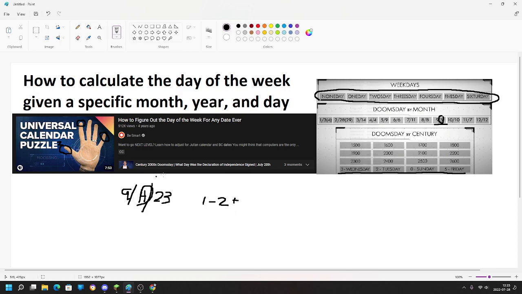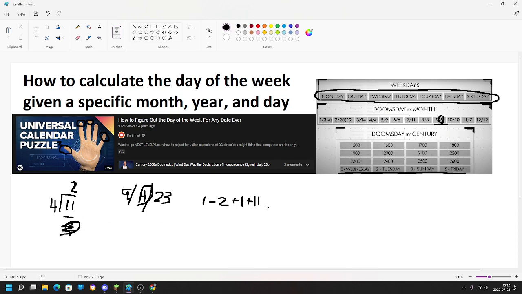plus, let's see, so we go to the middle finger, and we want to see how many times it goes in once. No, it goes in, yeah, it goes in once, with 11 left over. Now, as you can see, 4 goes into 11 2 times, with a 3 as a remainder. 3 is the remainder.